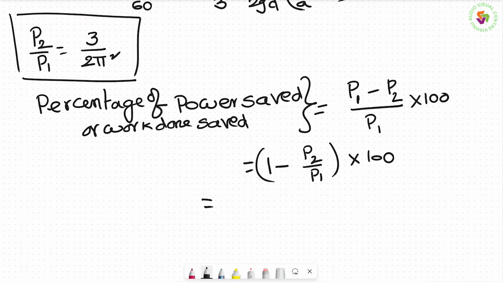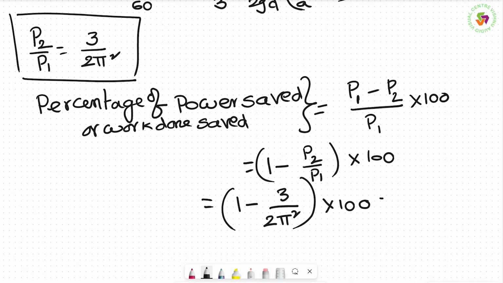So that is equal to 1 minus 3 by 2 pi square into 100, which is equal to 84.8%.